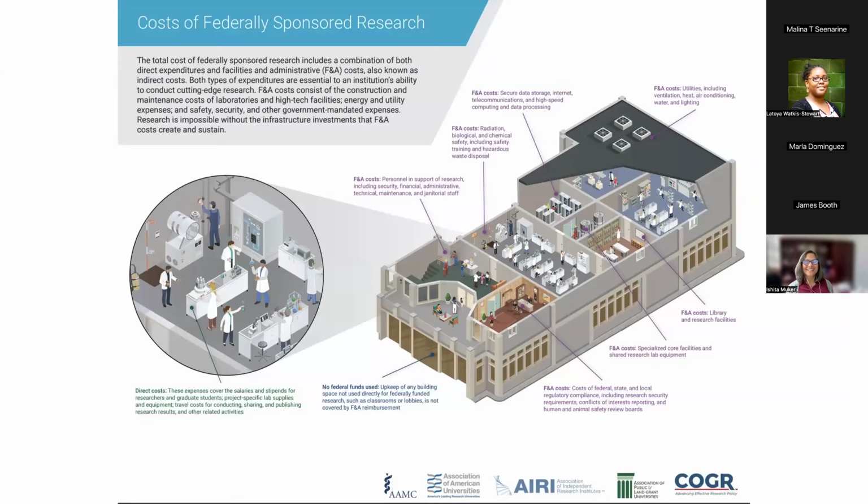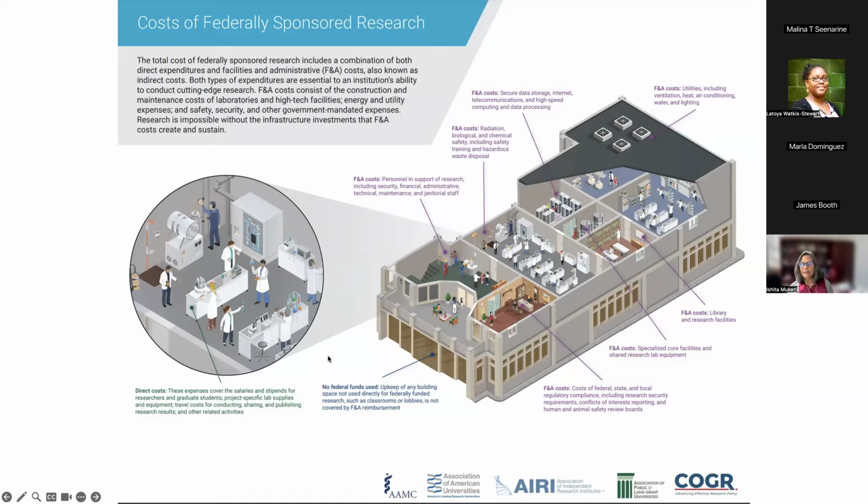So now here's the more real diagram of how we can think about indirect and direct costs. Over here, I'm going to try to use my mouse again. Hopefully I won't change the slide. Here is where we consider the direct costs.